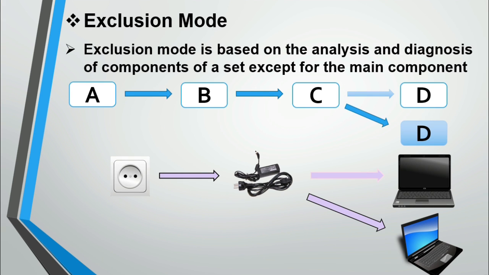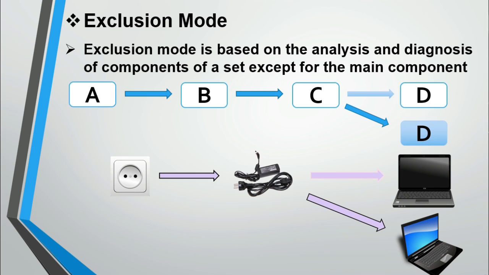Exclusion mode or exclusion isolation is based on the analysis and diagnosis of components of a set except for the main component. In our example, as you see, these are the suspect components A, B, C, and D, or plug, power cable, 19-volt adapter, and laptop.